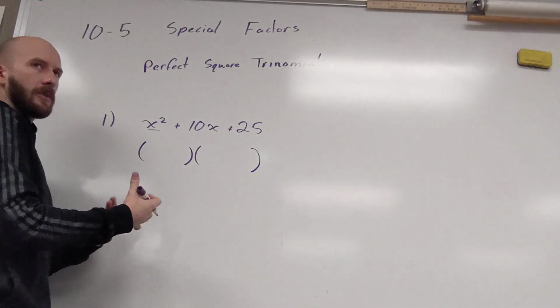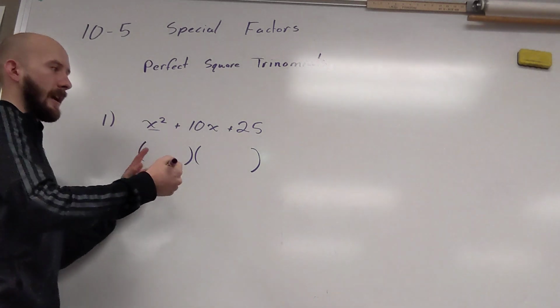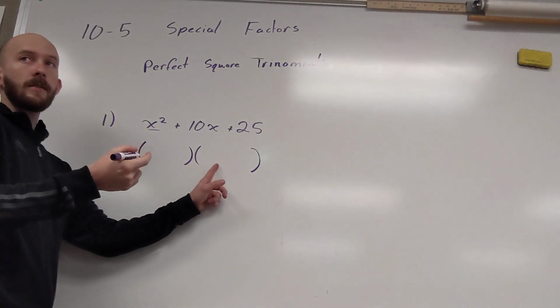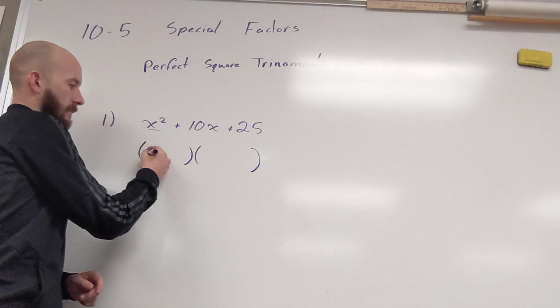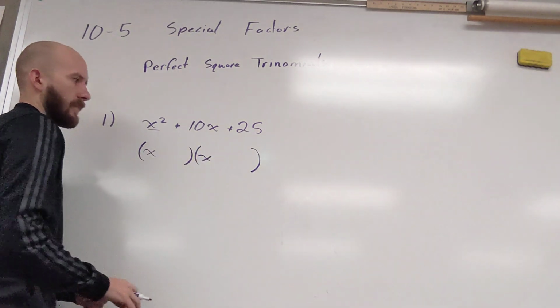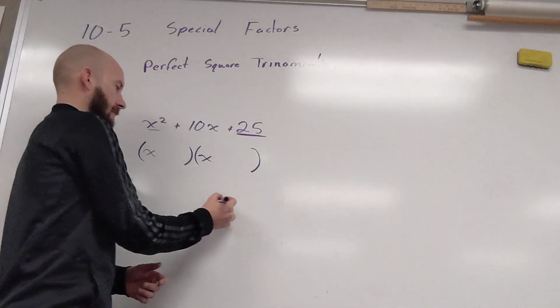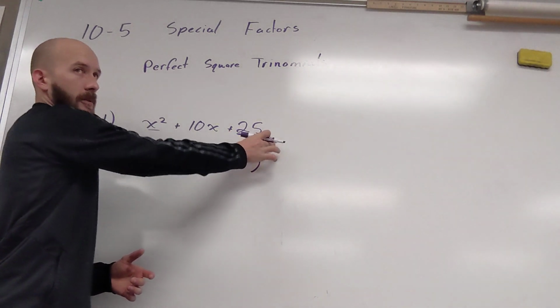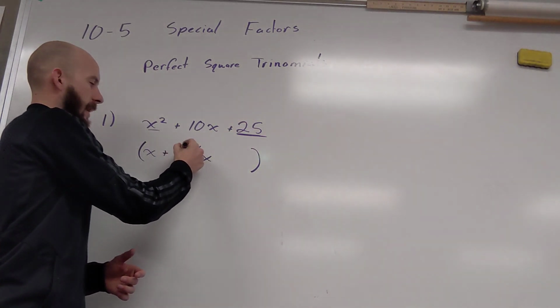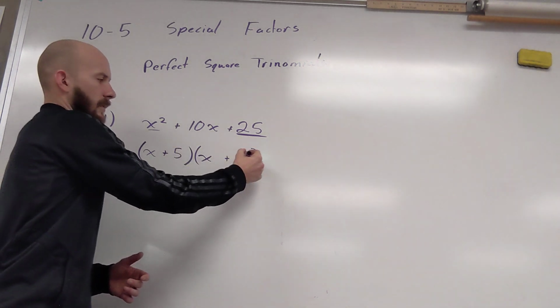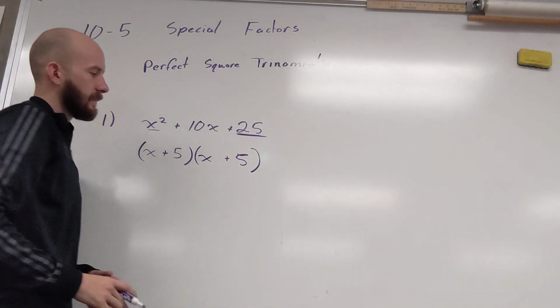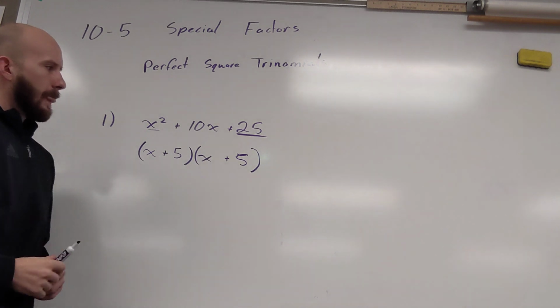And in order to multiply to get the x squared, we have to have an x and an x. Okay. Then it'd be plus 5, right? Yes. So now these two numbers have to multiply to be 25. Yep.